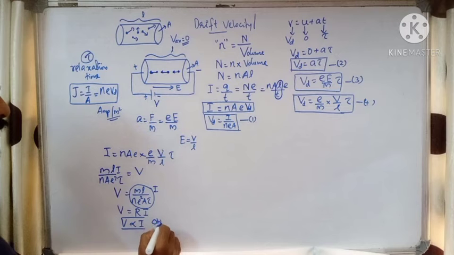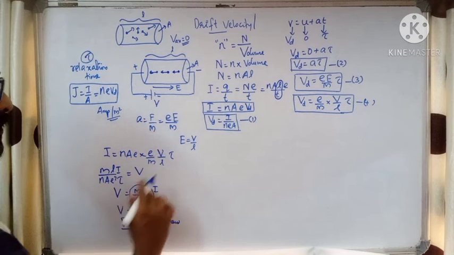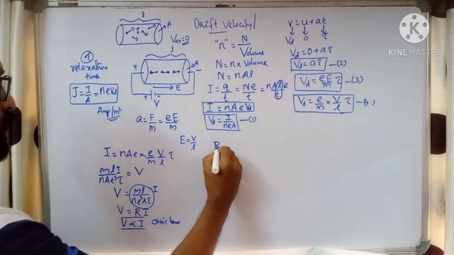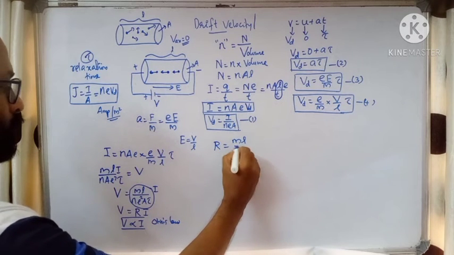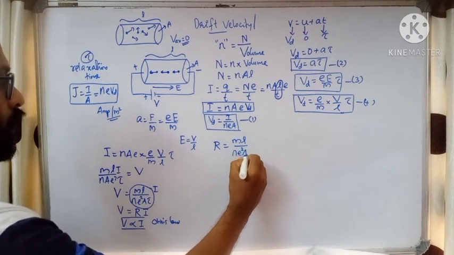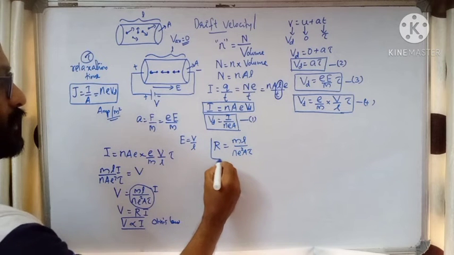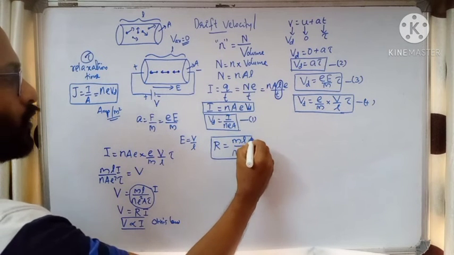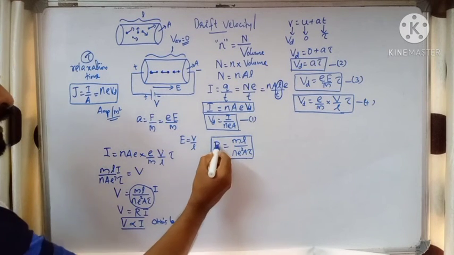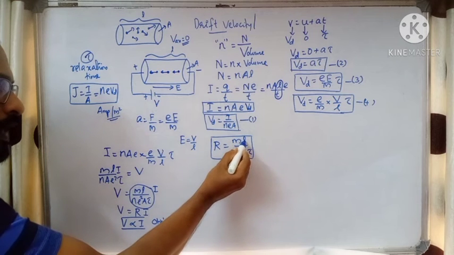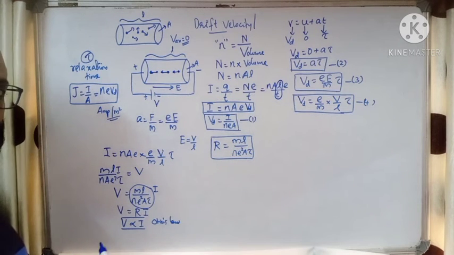In Ohm's law, R is the resistance. So we have the equation of resistance as R is equal to ml by ne square A tau. This is called the microscopic equation for resistance.